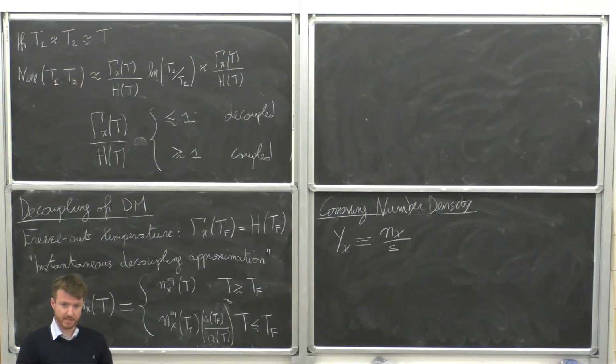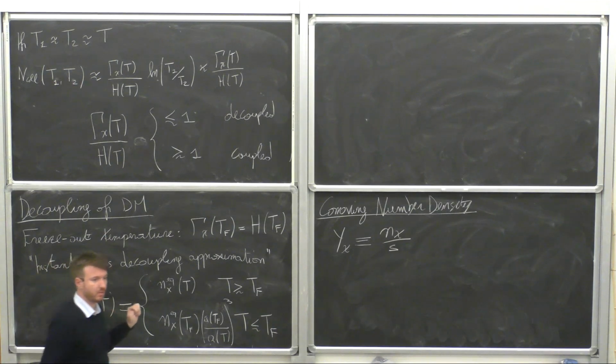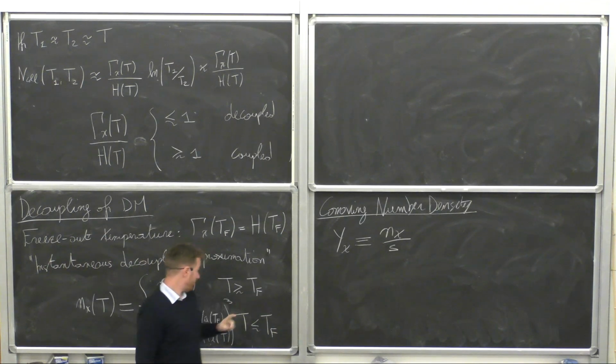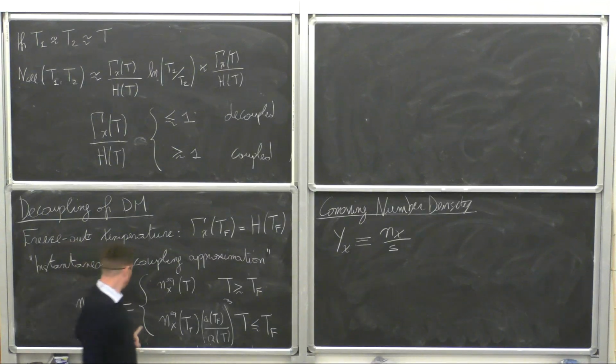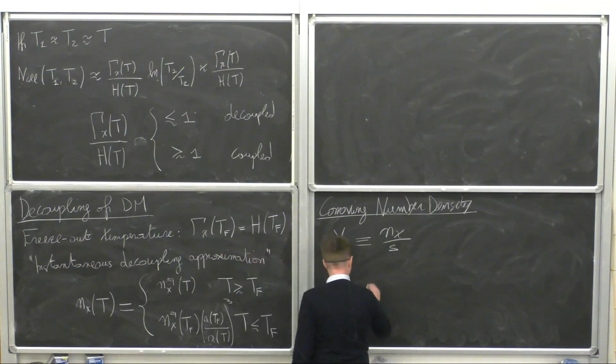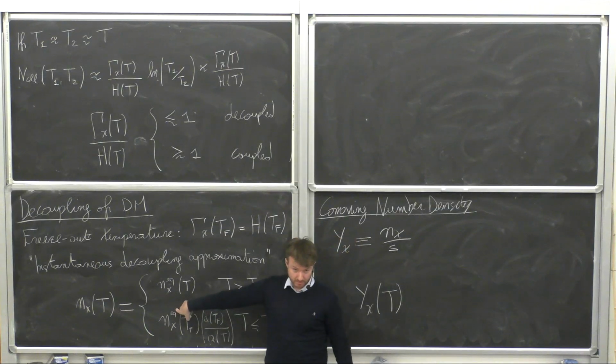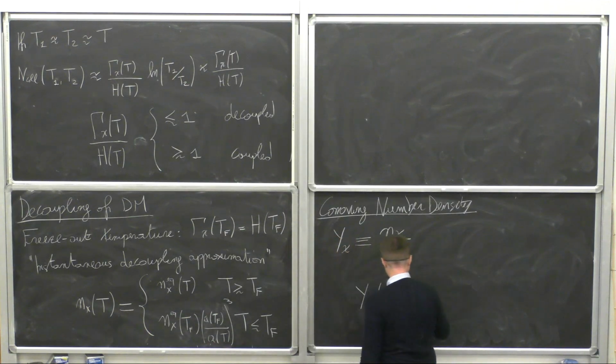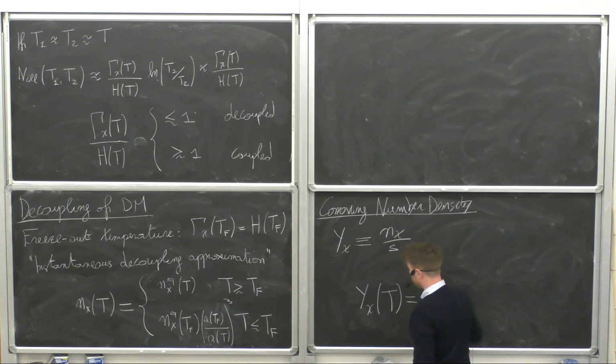Y_chi, it's a symbol I use for the comoving number density, is the number density divided by the entropy density. Why is this a good quantity? Because this quantity doesn't change. So if I write now the equivalent of this equation here, then I can really do what I was trying to do before.